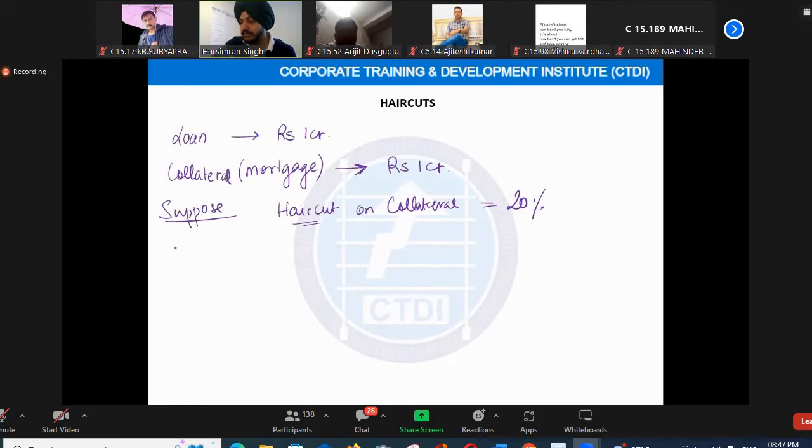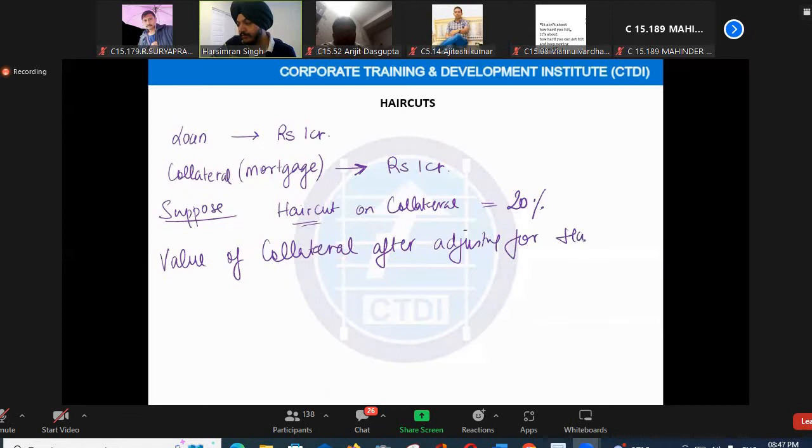This means the value of collateral after adjusting for haircut is 1 crore minus 20% of 1 crore, that is equal to 80 lakh. Is that clear? Is it clear or not?